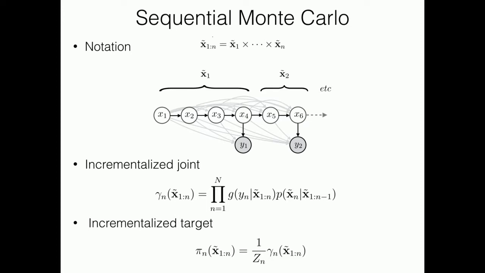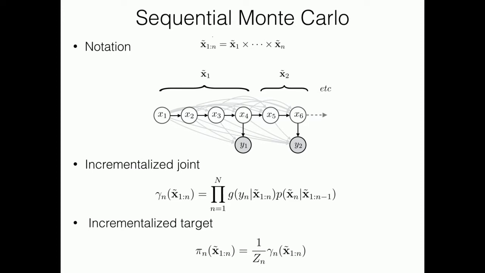Okay, so changing notation ever so slightly, we're going to use x twiddle to indicate the set, whose dimension may be random, of random choices made before encountering the nth observe statement. Okay, so you're going to run the program for some number of steps, sample, sample, sample, sample, and then you hit an observe statement.